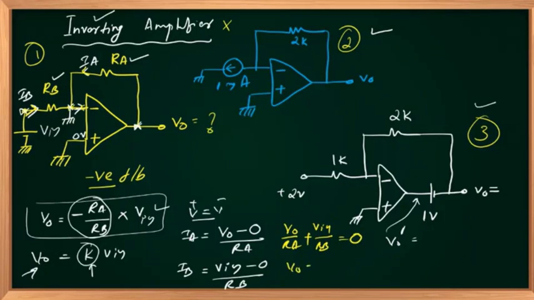From this, V out will be minus RA upon RB times V in, as written. That is one method of solving the circuit. And of course, you can directly use this formula, no issues. But that formula is not always going to work.